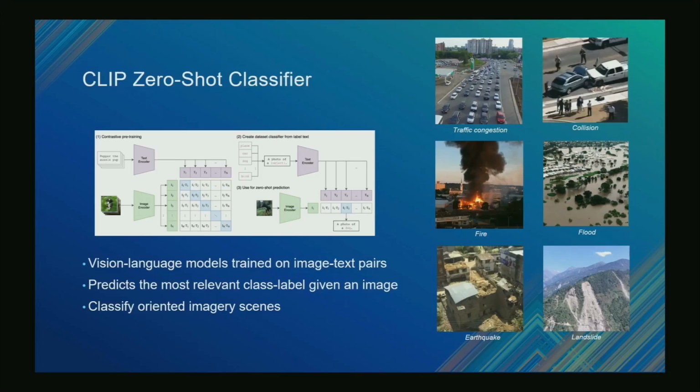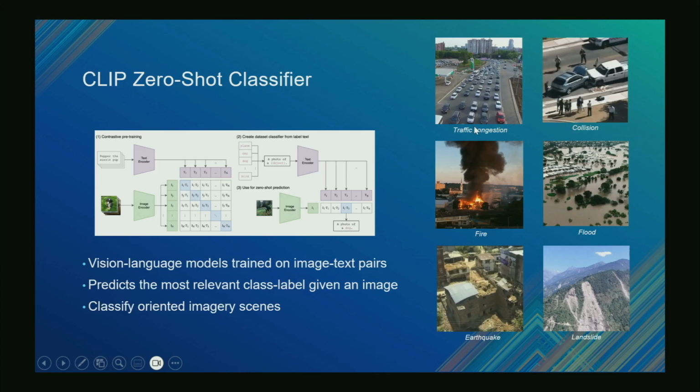Then there's CLIP, the contrastive language-image models. These basically let you align images with text. So how we apply them is zero-shot classification. Zero-shot meaning you don't train it, you just give it the problem. So given an image, you could say, is it a congestion or a collision?